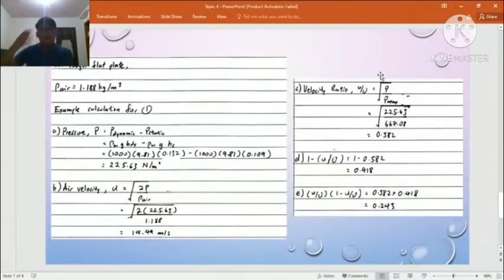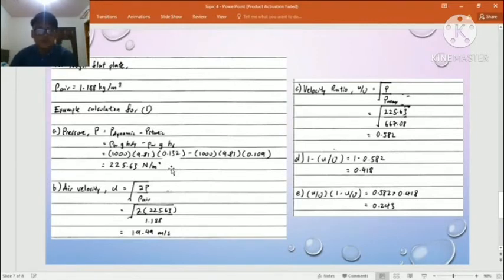Same steps as the previous one from the smooth flat plate. This is the example of the rough flat plate. So the density of air we have calculated before, which is 1.188, and we will get the answer here, which is pressure is equal to 225.63 Newton per meter square.